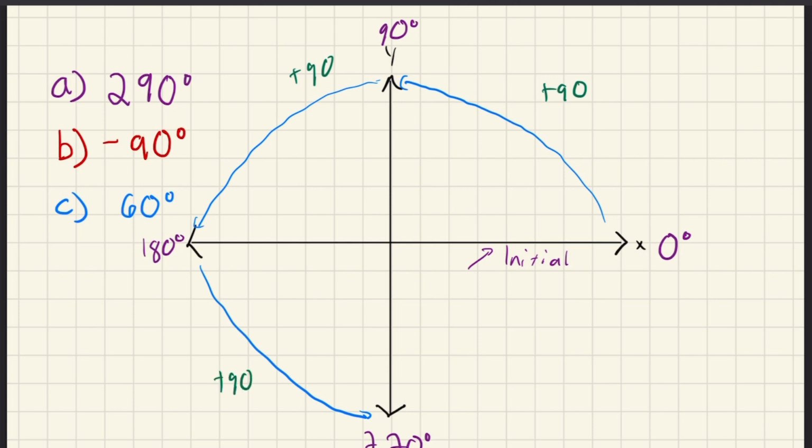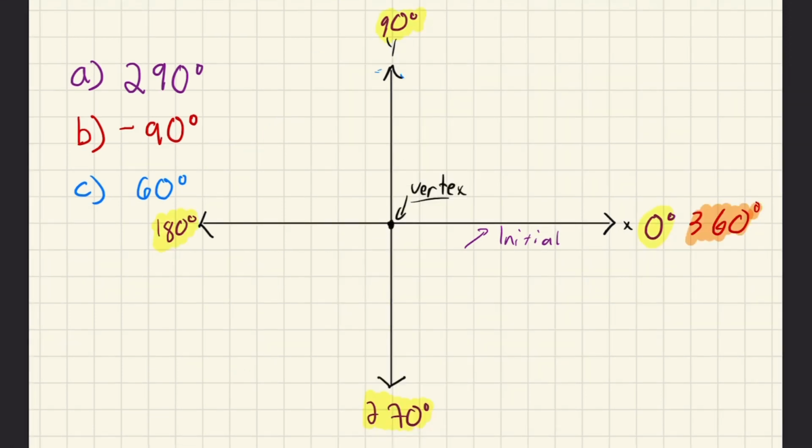And then, of course, from 270 all the way back here, I'm going to write this in red. One full rotation is 360 degrees. The vertex, of course, that we're speaking about in this case would be the axis of origin at 0 and 0. So let's get to plotting the degrees.